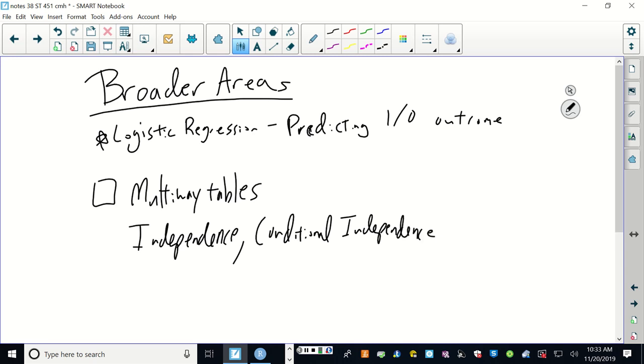So maybe death penalty and race of victim are conditionally independent based on both aggravation level and age of victim and year or something like that. So it could be more complex hypotheses for how things are related.